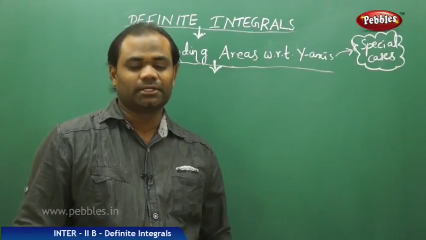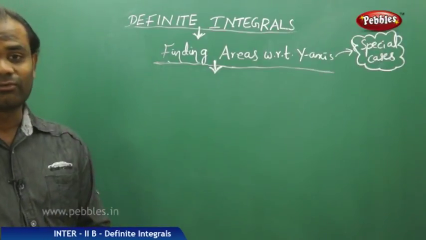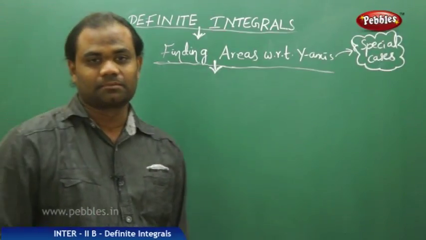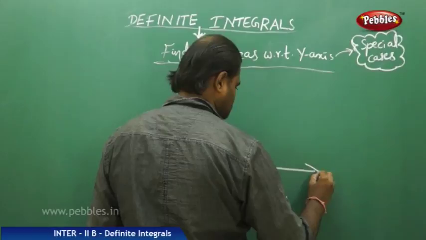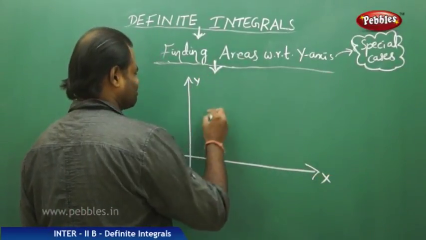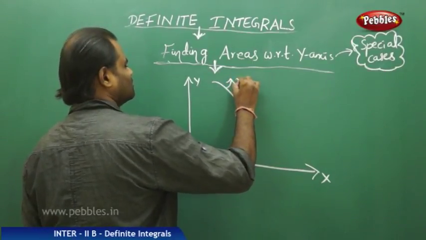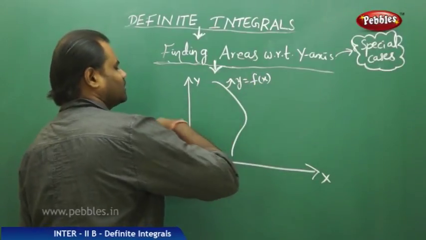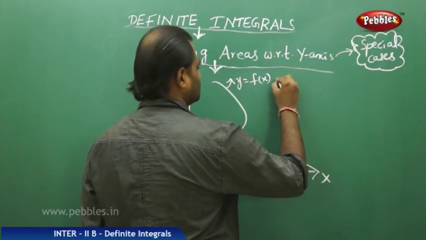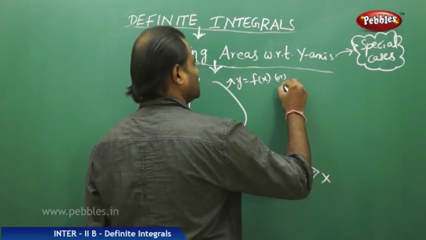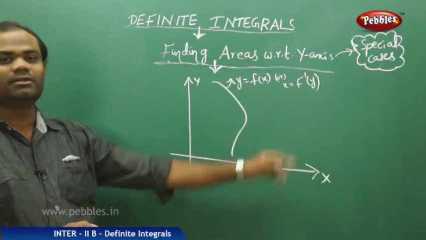So as we have seen the special cases with respect to x-axis, similarly, let's see some special cases of finding areas with respect to y-axis. So in this case, suppose my curve is y equal to f of x, or x equals f inverse y, because when y is f of x, x will be this.